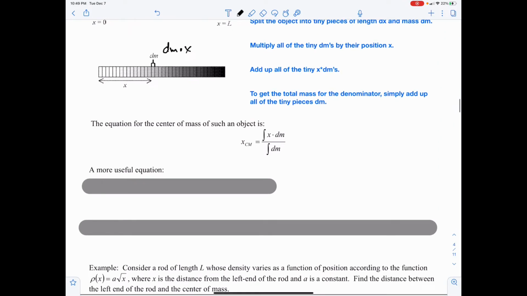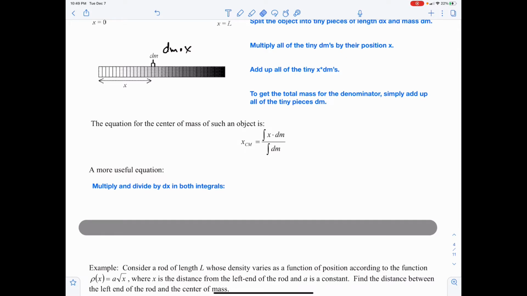So now multiply and divide both of the integrals by dx. So let me rewrite this right here. We have xcm, and on the top part here, we're going to multiply and divide by dx.